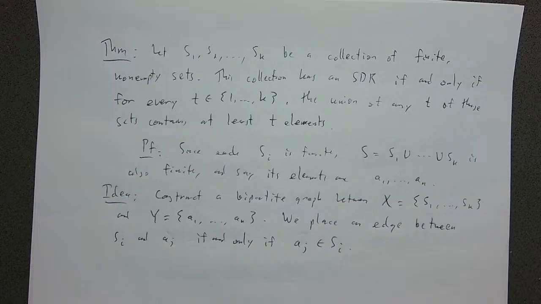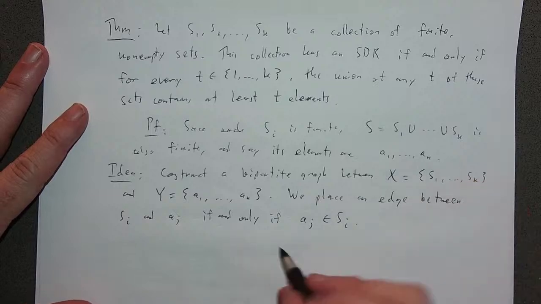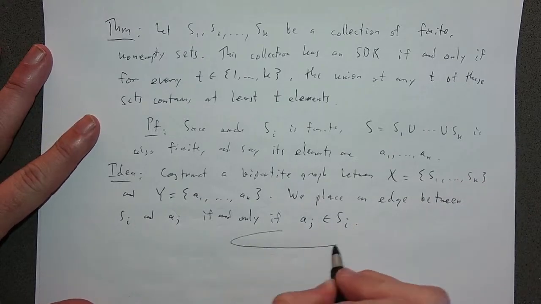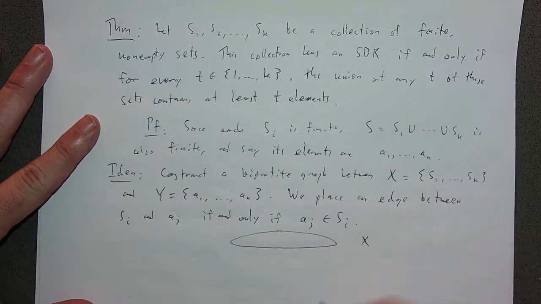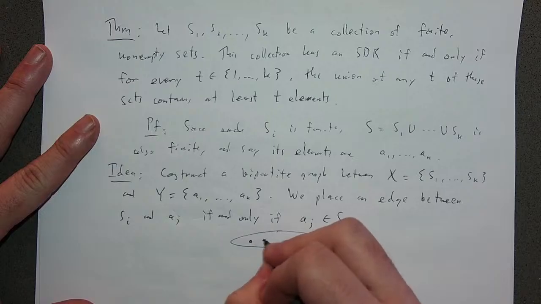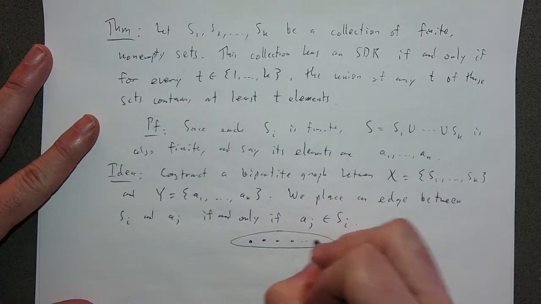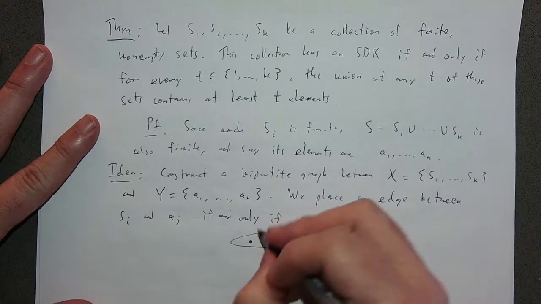But then what does Hall's theorem say? What does this picture look like? Here I have X, and the vertices in X are the sets.